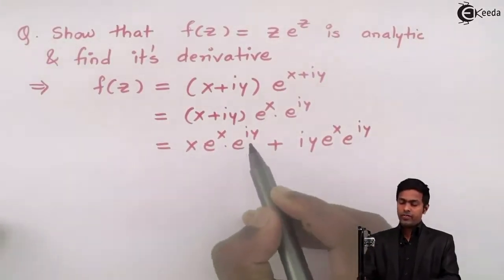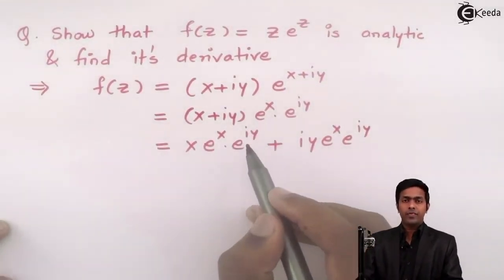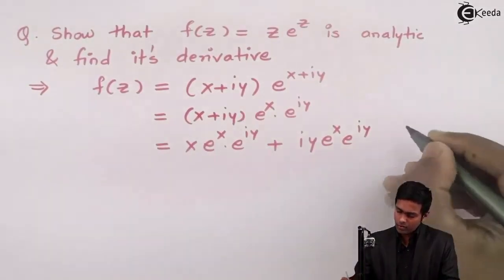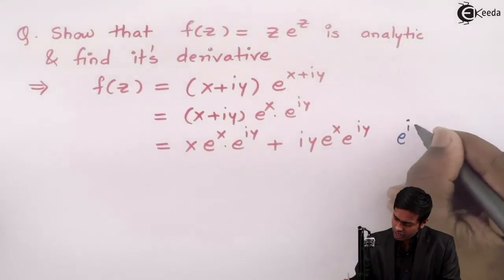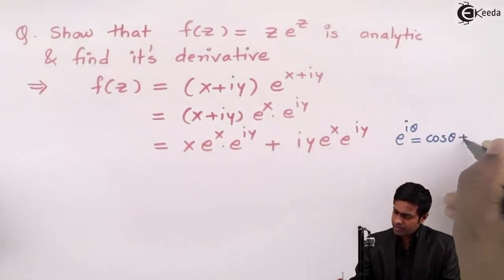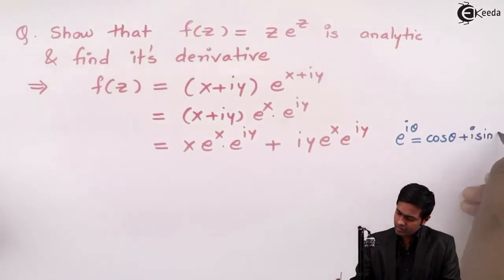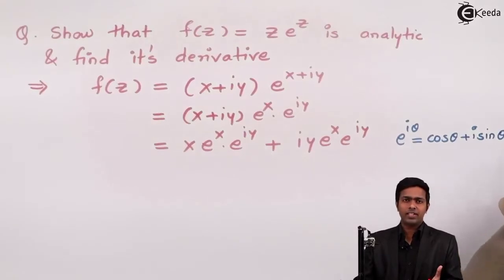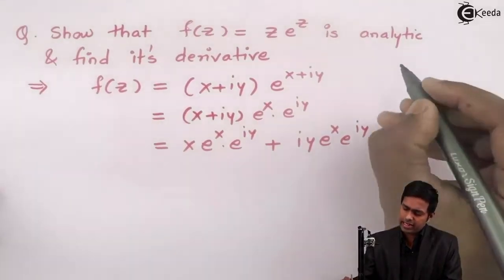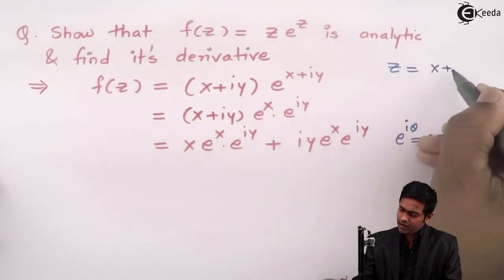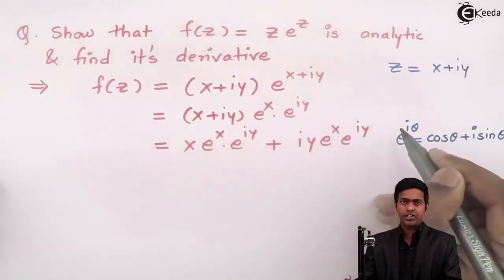Now what is the value of e raised to iy? We know that the value of e raised to i theta is equal to cos theta plus i sin theta. This is nothing but the polar form of a complex number. We usually say that there are three forms of a complex number. One of them is x plus iy, which is the Cartesian form.